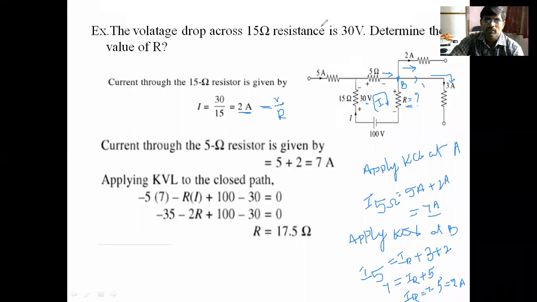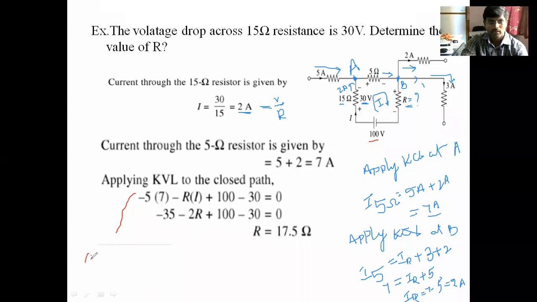I will give you one step before this, then you can continue. From 100 the current is leaving, here plus, here minus. Take 100 as positive.